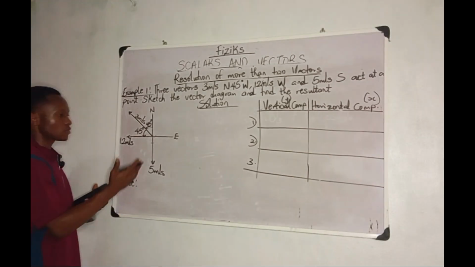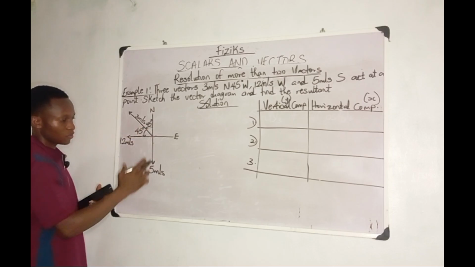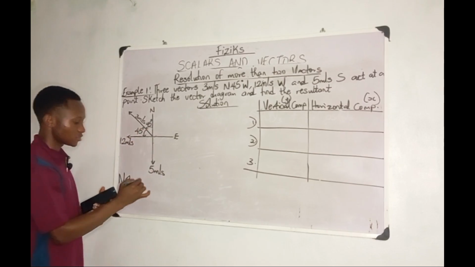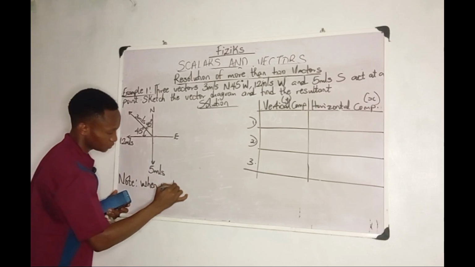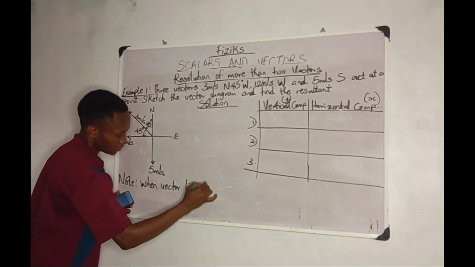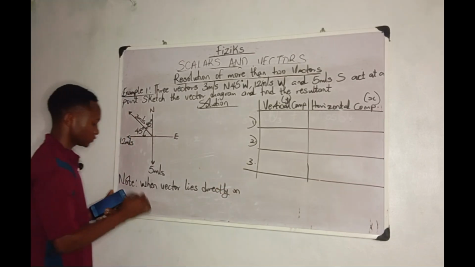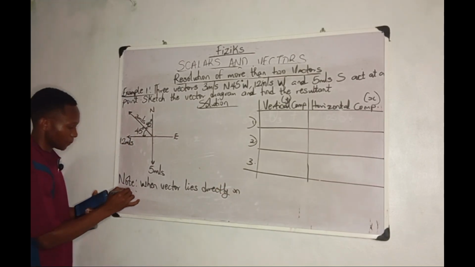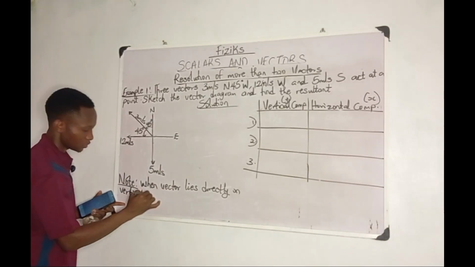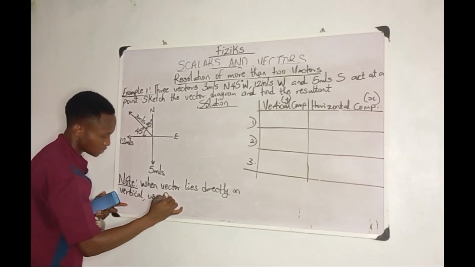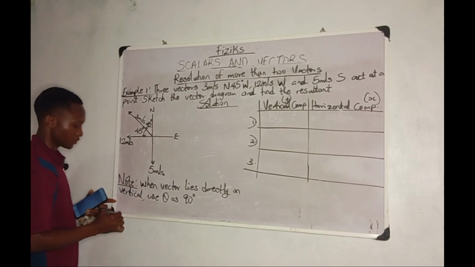Note, when a vector lies directly on the vertical, use theta as 90 degrees.